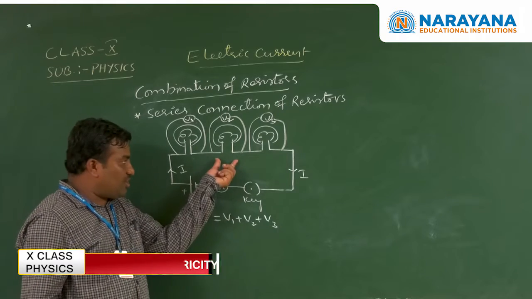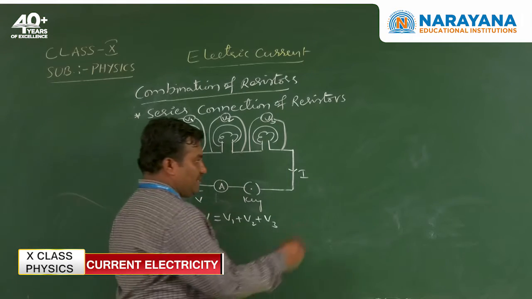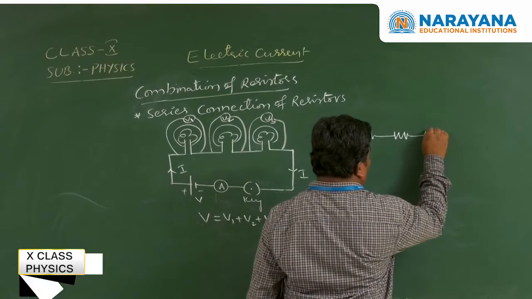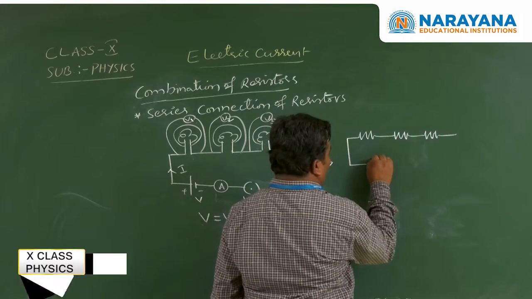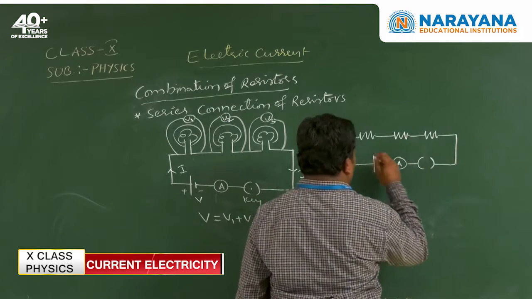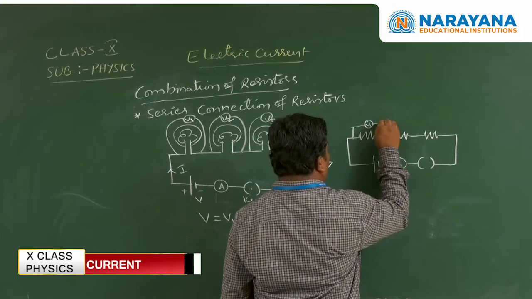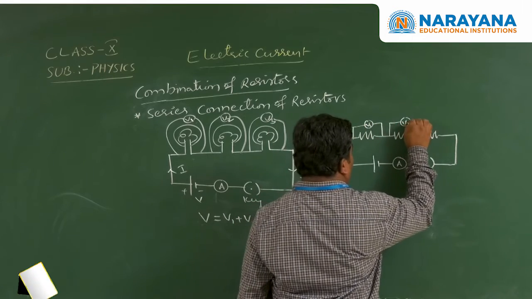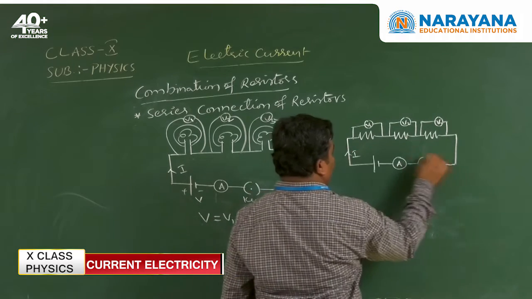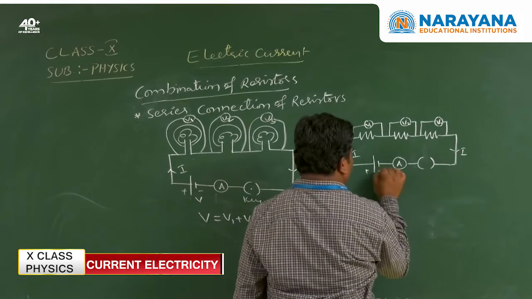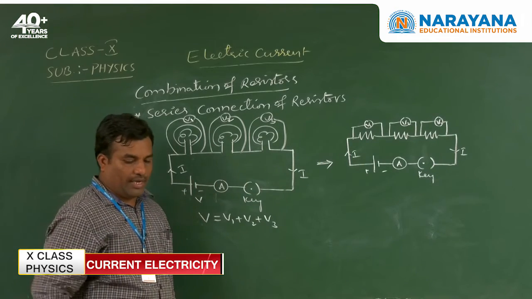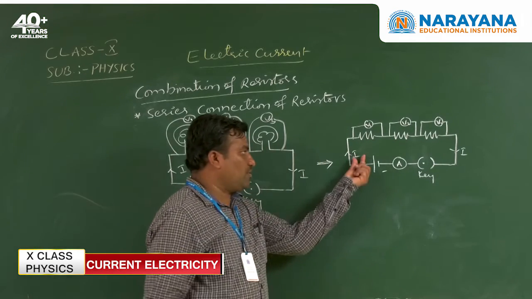Next, instead of bulbs, we take resistances. This is the symbol of a resistance, with the battery, ammeter and key. We arrange voltmeters V1, V2 and V3. When we press the key, current flows in the circuit, and it is common.